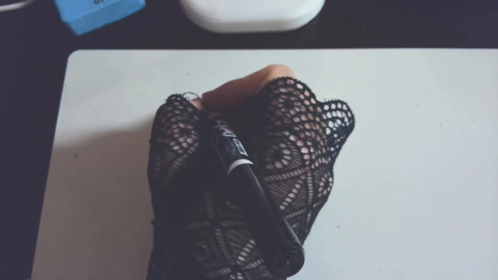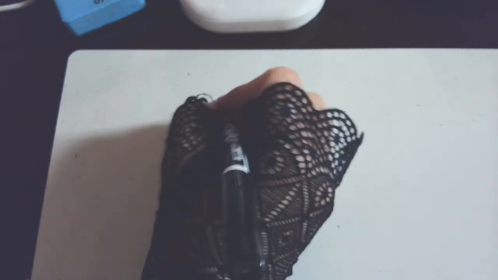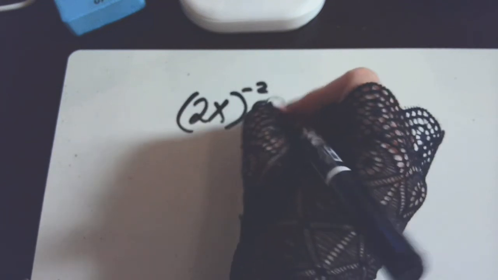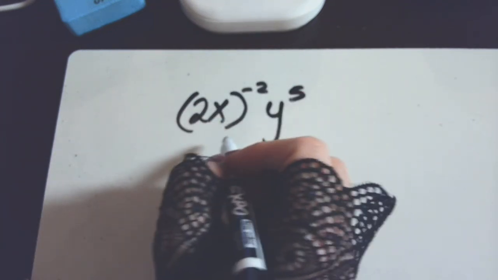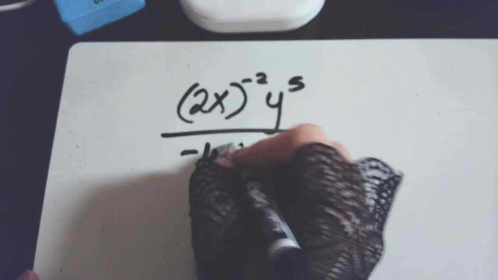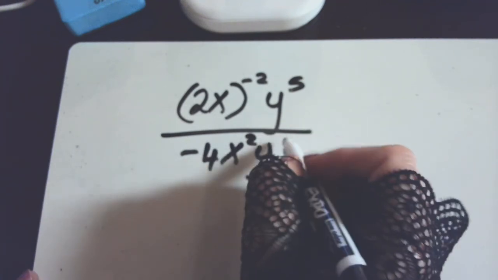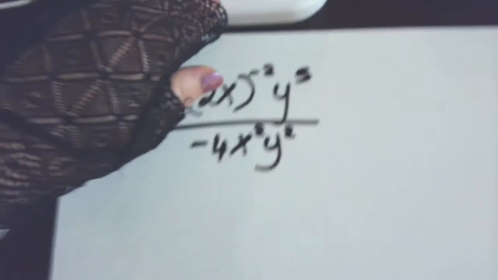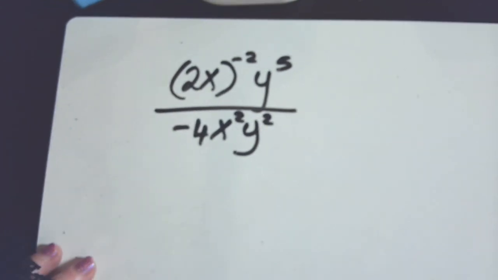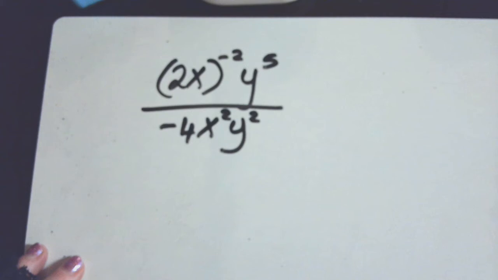This is a nice one. 2x raised to the negative 2 times y to the 5th, all over negative 4 x to the second y to the second. Ooh, that's a nice one. So we want to simplify all this and then combine it, and at the end we should have no negative exponents.